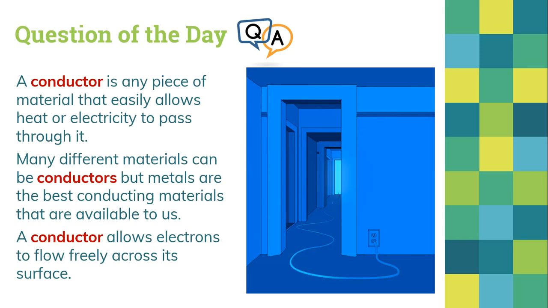This metal is usually copper because of the good conductivity it provides. You will find this wire covered in an insulator, a layer of rubber that prevents us from getting any electrical shock. So a conductor allows electrons to flow freely across its surface.